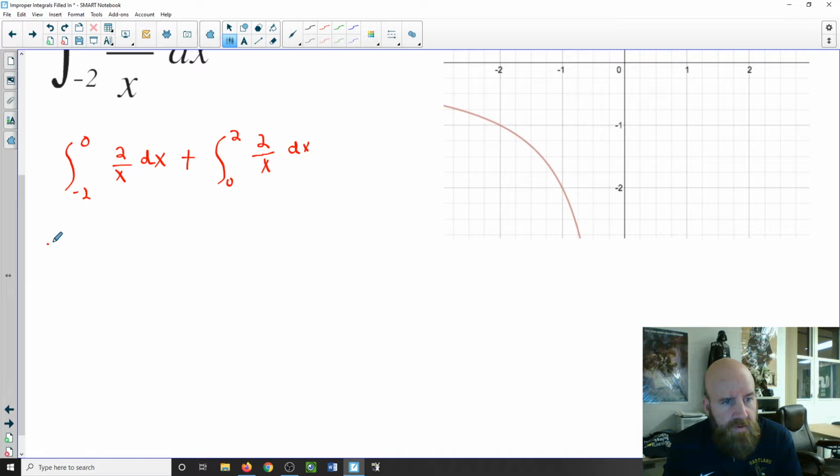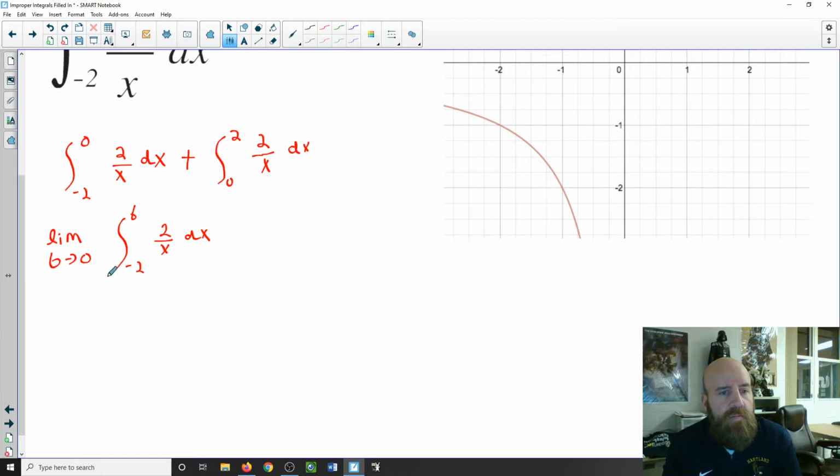So we're running a limit again, as b approaches 0, of the integral from -2 to b of 2 over x.